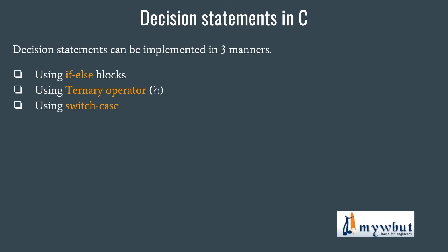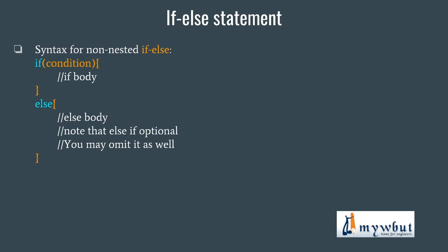You must be wondering, if the three methods are all for decision making, what's the difference between them? We could always have only one of them. Yes, there is obviously a difference, and hence we have three methods by which you can perform decision making.